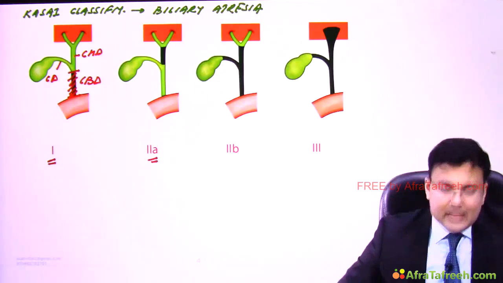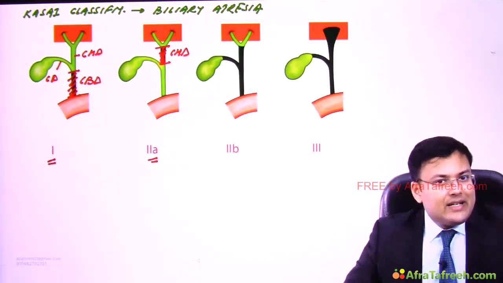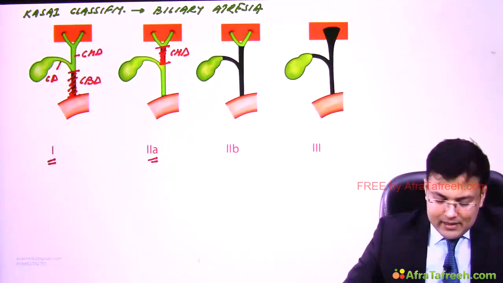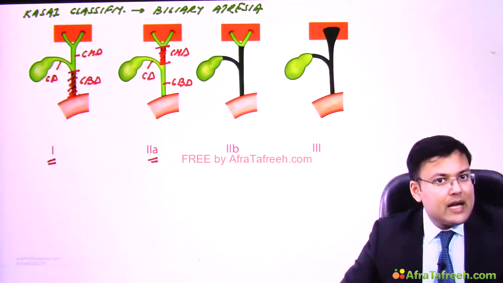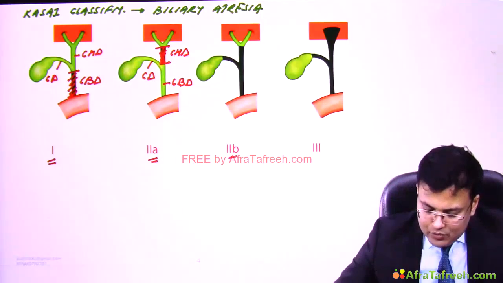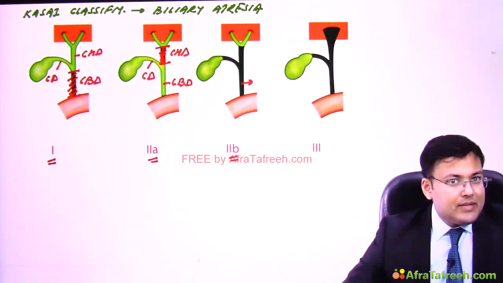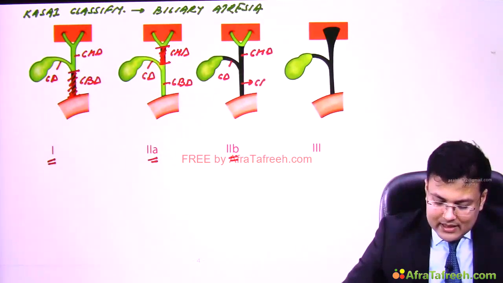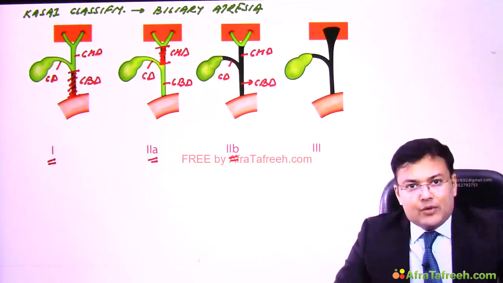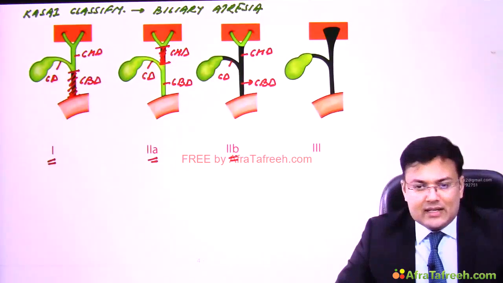In type 2A, there is atresia of the common hepatic duct with patent CBD and cystic duct. And in type 2B, there is obliteration of CBD, common hepatic duct as well as cystic duct.